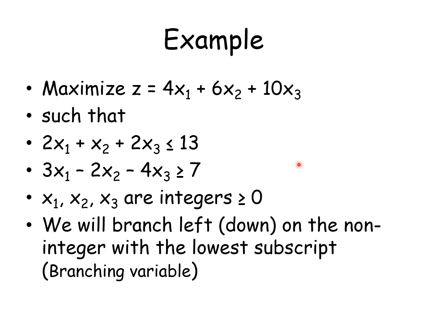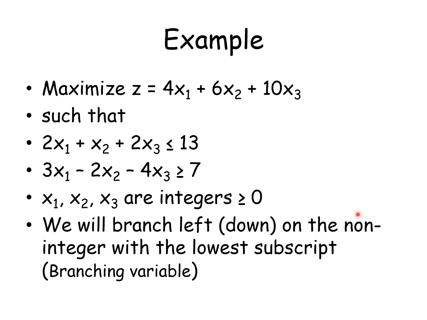Okay. Now, as I said, we will branch left down. So we're going to use the depth first strategy, taking the most left branch on the non-integer variable. So we branch only on the non-integer variables, by the way. If a variable is integer, we cannot branch on it.